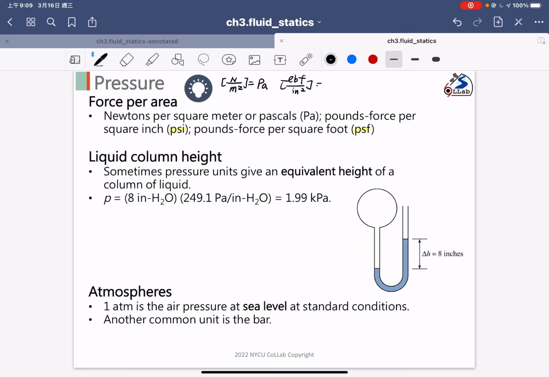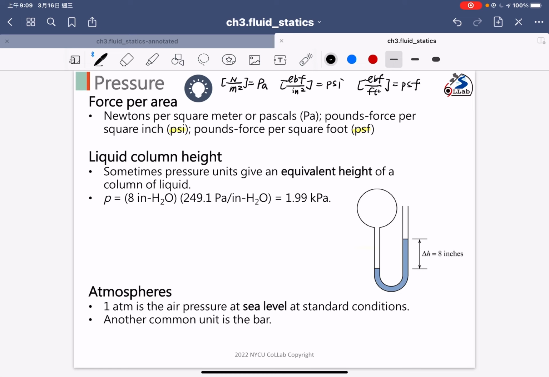And we call that unit the PSI. In a similar way, what is the PSF? The PSF is the pound force per foot square. And so we call that a PSF.